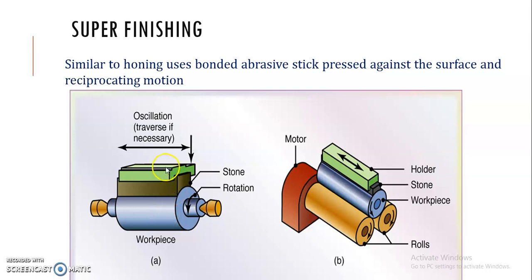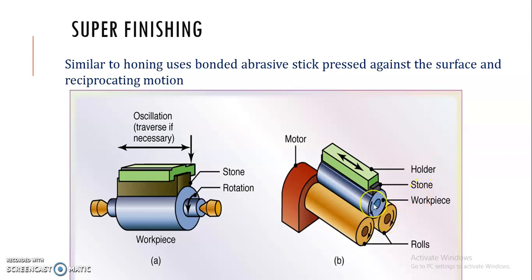For that, we are holding this stone with the help of a holder, and with this holder, the stone is reciprocating on this cylindrical workpiece, whereas the cylindrical workpiece is rotating and this stone is reciprocating around the surface, which will give you a very smooth surface finish. Now you can observe in this case also, there are a total of 3 rollers, where 2 rollers are the supporting rollers and the third roller will act as a workpiece.